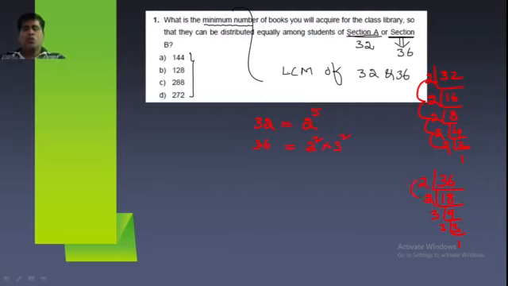We have two 2's and two 3's, so 2 square and 3 square. This is the way of writing the product of prime factors. Already you have learned this in previous classes. So let's find the LCM.